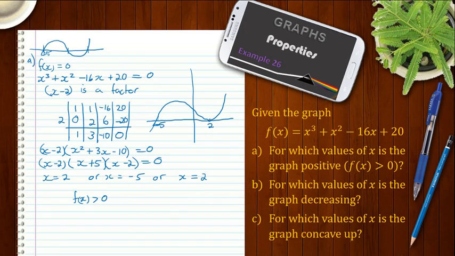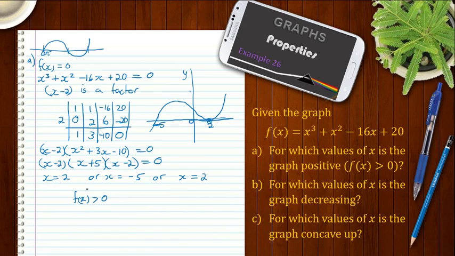At this point here, it's actually equal to 0, because this is your y-axis. So everything on the y is 0 over here on the x-axis. So everything is positive except at x equals 2.